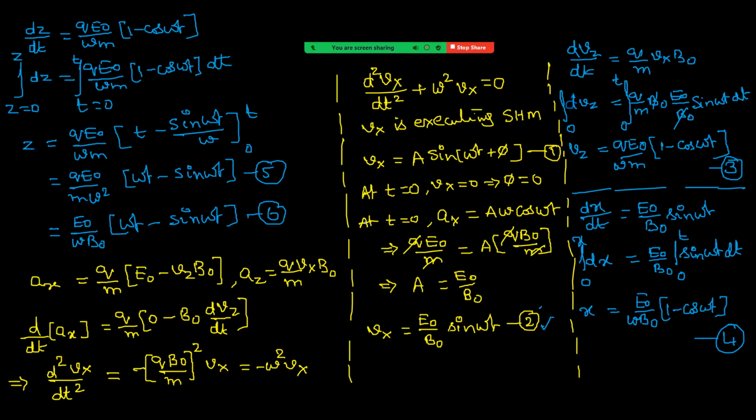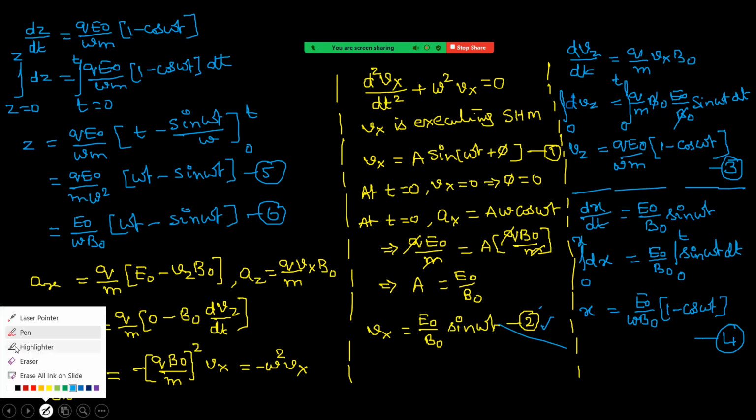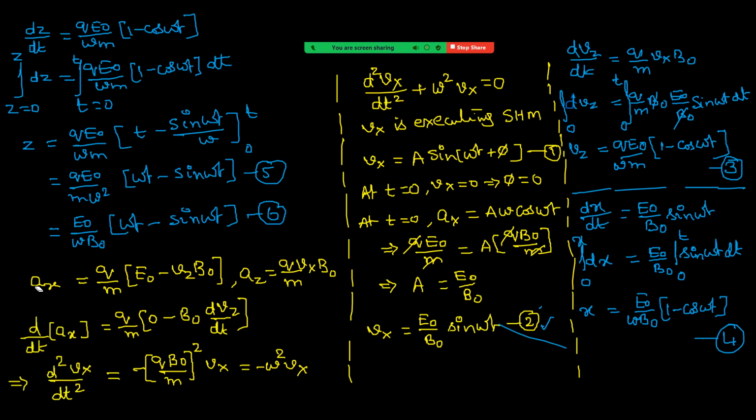Now if you remember, equation 4 and equation 6 are equations for a cycloid. While discussing rotation, we discussed that when a body is rolling, if you take a point on the circumference, the path of that point is a cycloid.